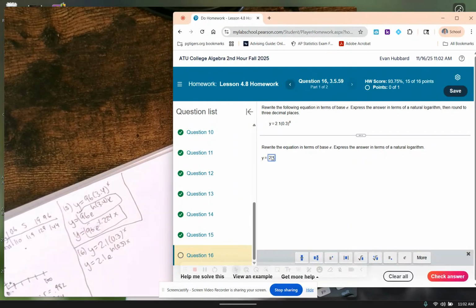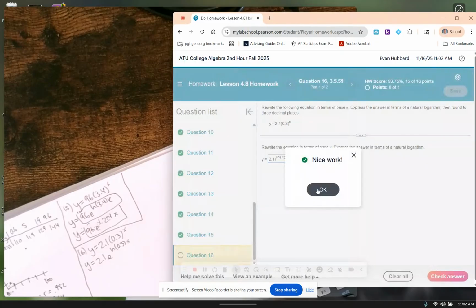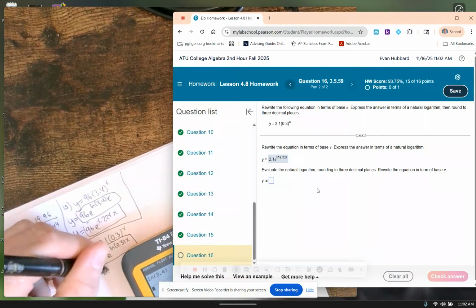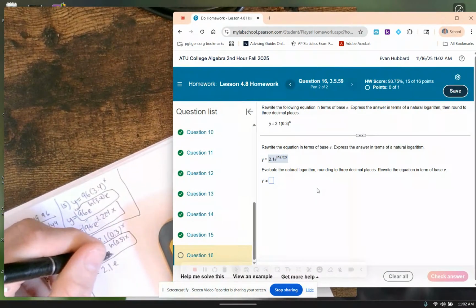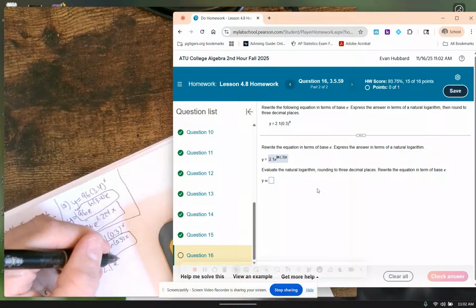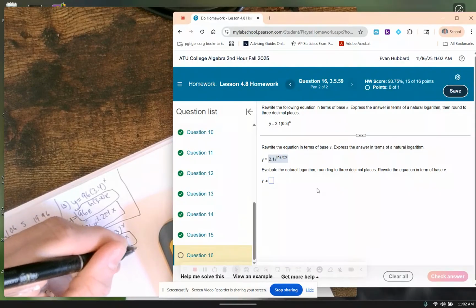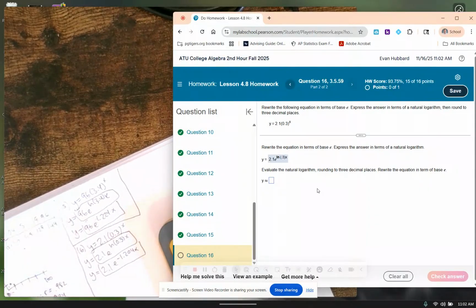So 2.1 e shift ln of 0.3, and then I think I need parentheses on the 0.3 times x. Then we're going to simplify. So then that will simplify. y equals 2.1 e. So ln of 0.3 is negative 1.204 x. Okay.